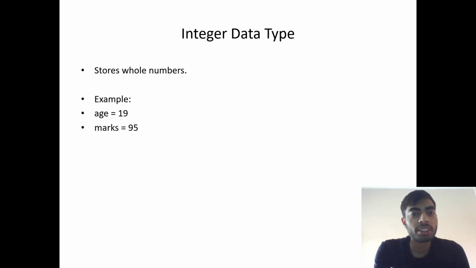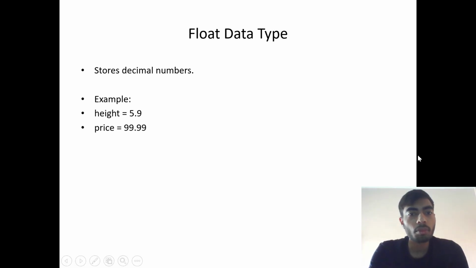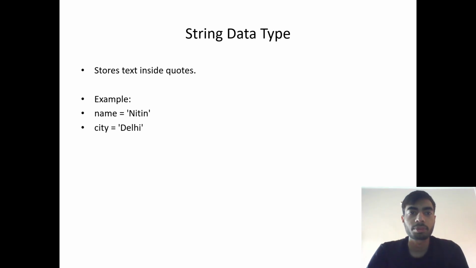Both are integers because they are complete numbers without decimals. Float is used to store decimal values. Whenever a number contains a decimal point, Python treats it as a float. For example, height equals 5.9 and price equals 99.99. Both of these values are floating point numbers because they contain decimals.